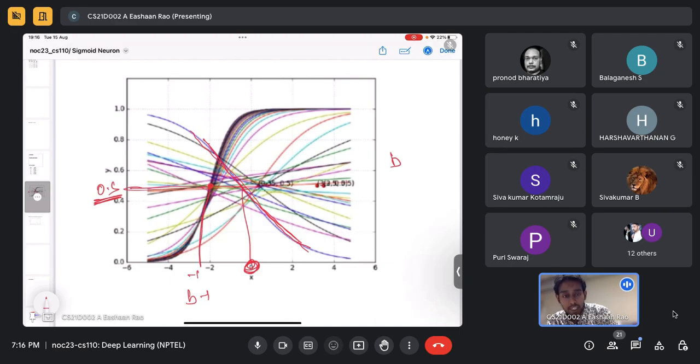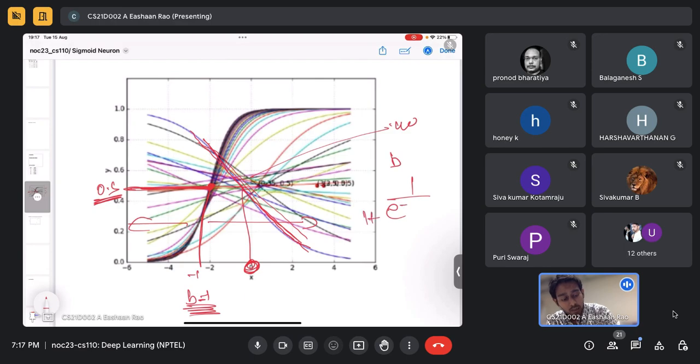We will explain intuitively and mathematically why. You can see that the slope gives you w, and whether you move it right or left, the value of b will change. So this is the intercept.